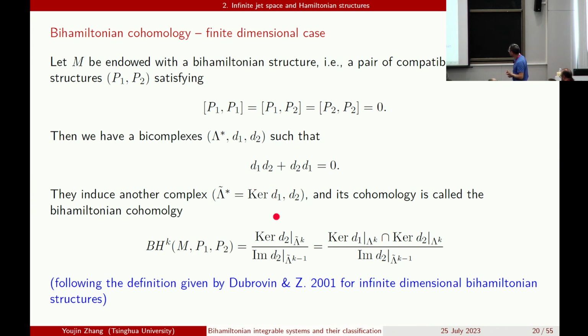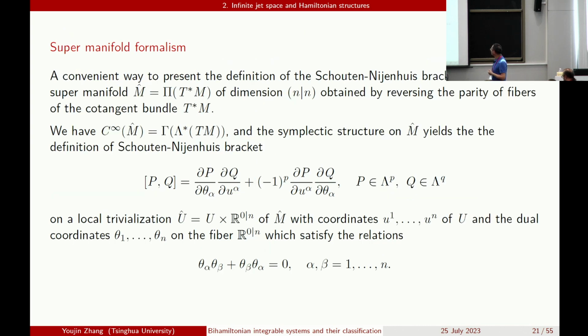We have two coboundary operators, and we can define on the kernel of D1 a complex and define the cohomology groups of this complex. We call them the bihamiltonian cohomology. These bihamiltonian cohomology groups can be used to describe the deformations of bihamiltonian structures, and also to describe the bihamiltonian vector fields. So this is the finite-dimensional case.